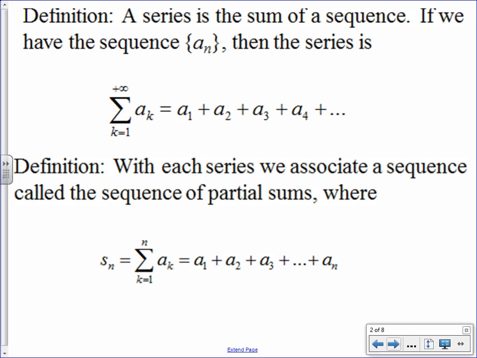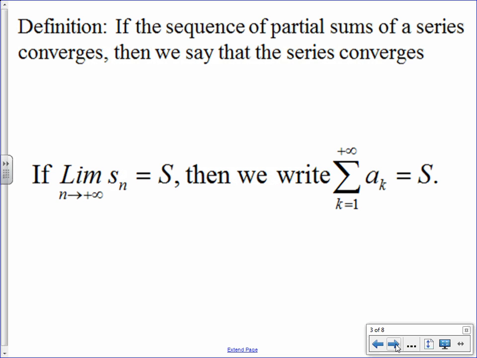So the first thing is this. If we know what the sum is, then the limit of the sum is what it converges to. So write that down and I'll talk through it again.